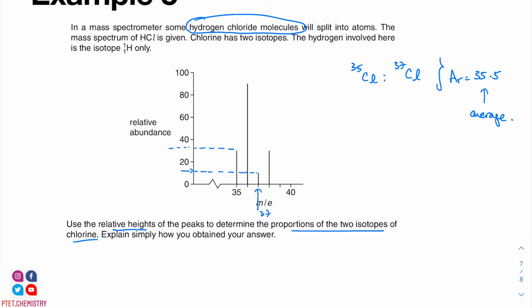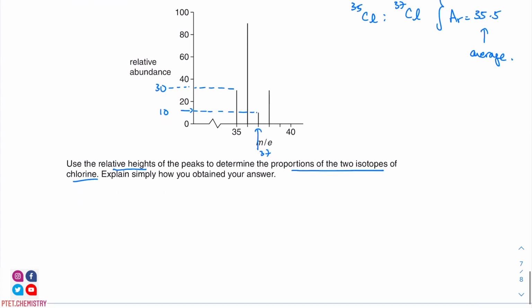That is a bit tricky. Oh no, it's not. So that is 10, that is 30. To determine the proportion of the two isotopes, chlorine-35 is to chlorine-37, the relative abundance is roughly 10 is to 30, 1 is to 3.